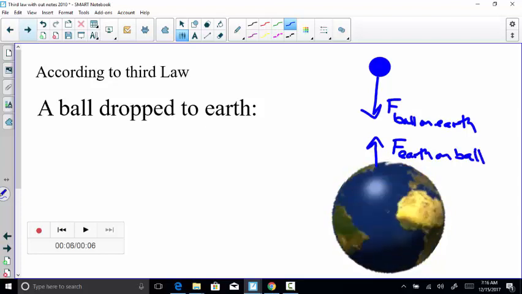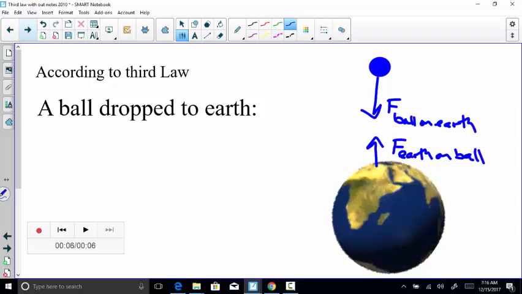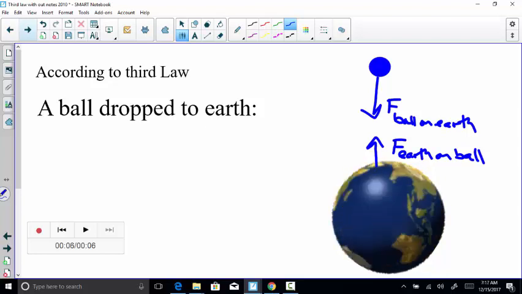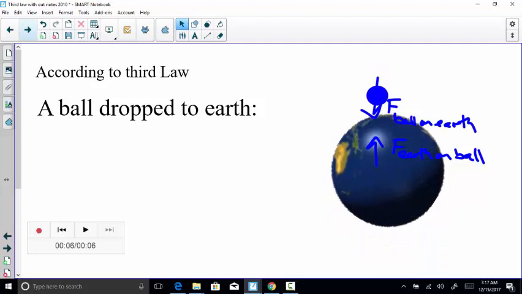So technically, if those forces are equal and opposite, then what should happen is they should meet in the middle. Okay? So as the ball falls, the Earth should come up and meet the ball. They should meet in the middle.